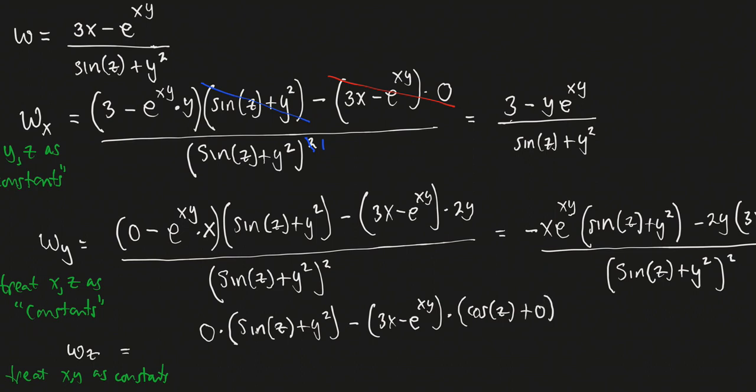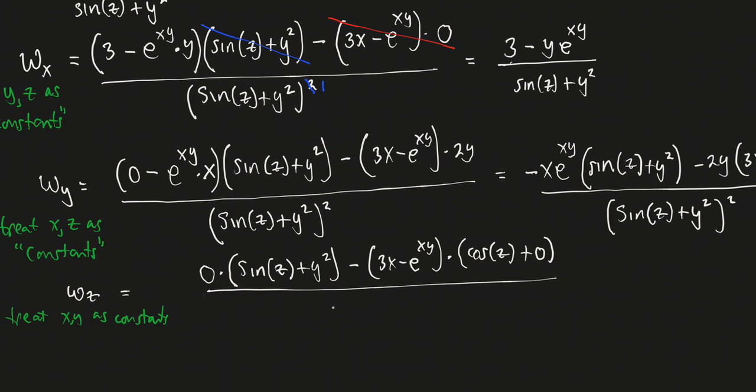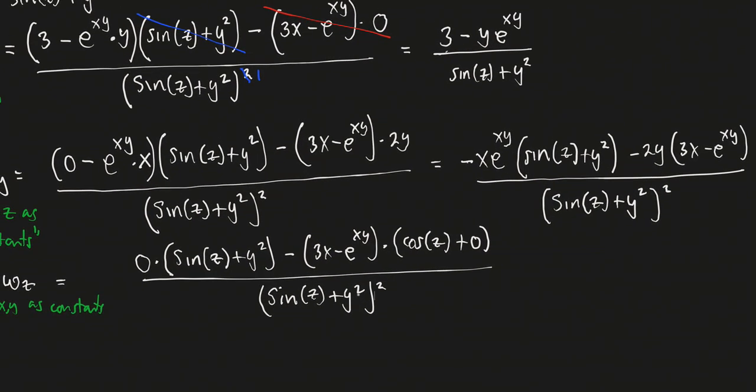So that's there. And then this is all over the denominator squared. So they all have the same denominator prior to simplifying. Like when you set up your quotient rule, you'll have this, but the numerators are dramatically different. So let's simplify this one.